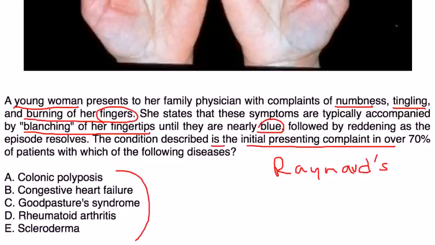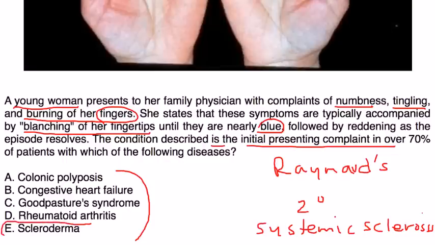Well, if you remember, if Raynaud's is due to a secondary cause, it's most likely due to scleroderma, also known as systemic sclerosis. That is one of the answer choices. So just to reiterate, if you have scleroderma, 70% of the time the patient will present initially with Raynaud's.